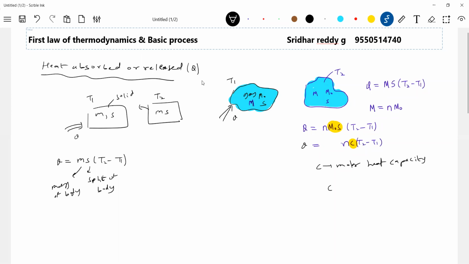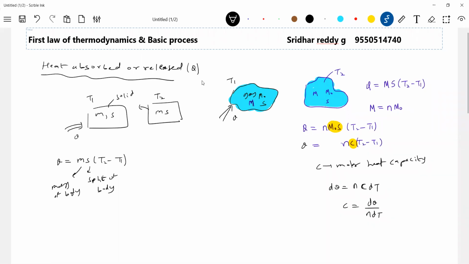I can also write this in differential form: dQ equals N C dT, where N is the number of moles. We can define the molar capacity as C equals dQ by N dT.